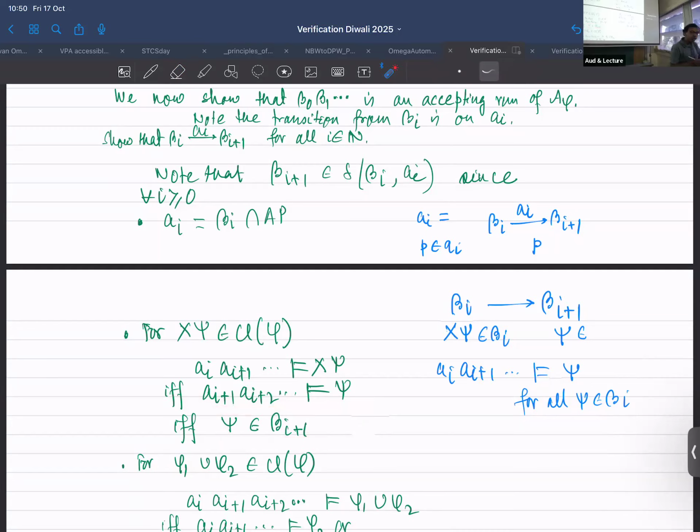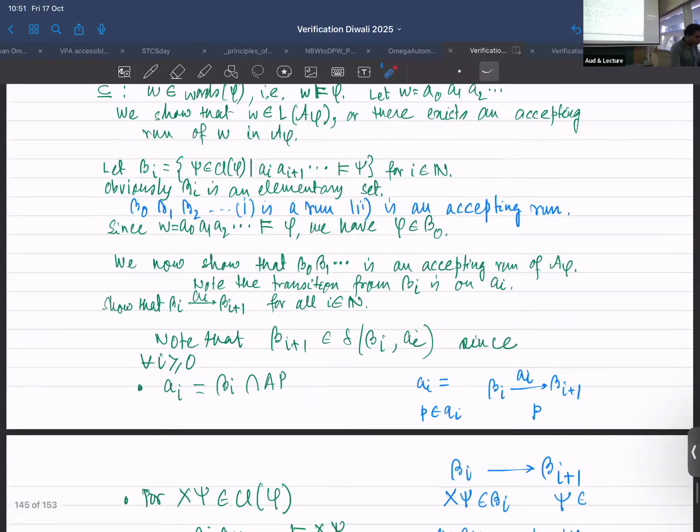And now you recall that by the definition of the automaton, if you have psi belonging to beta I, then indeed there is such a transition to beta I plus 1. Okay, is it clear? So this is how I have defined the beta I's. I have defined the automaton in some way, right? How did I define the transitions in the automaton?